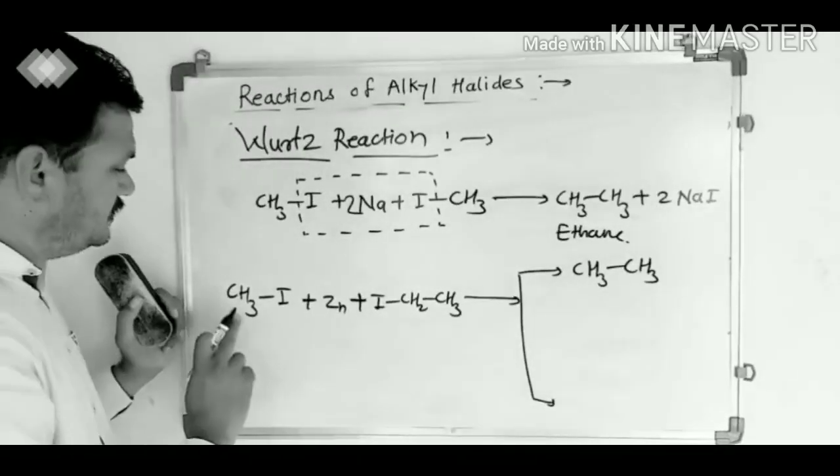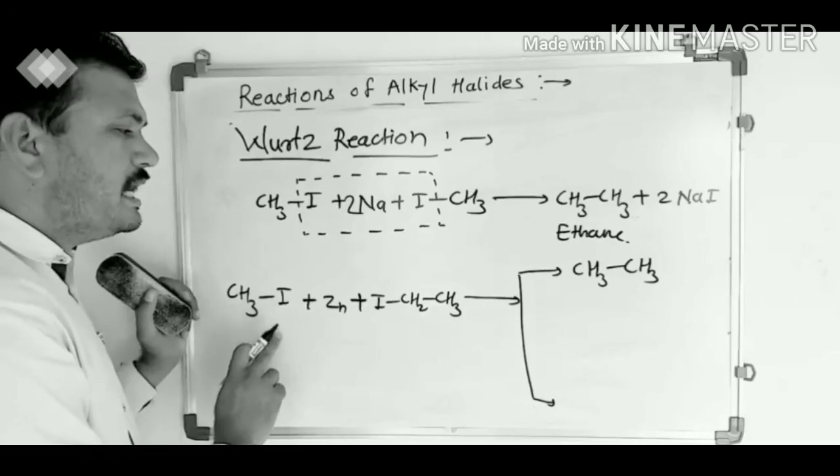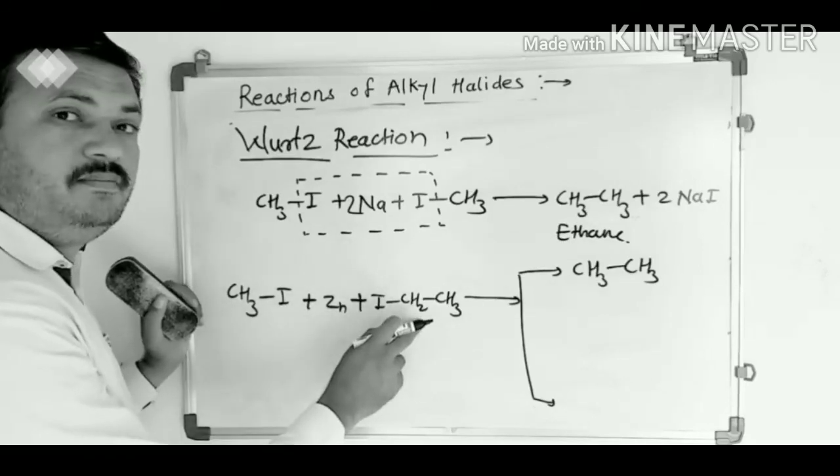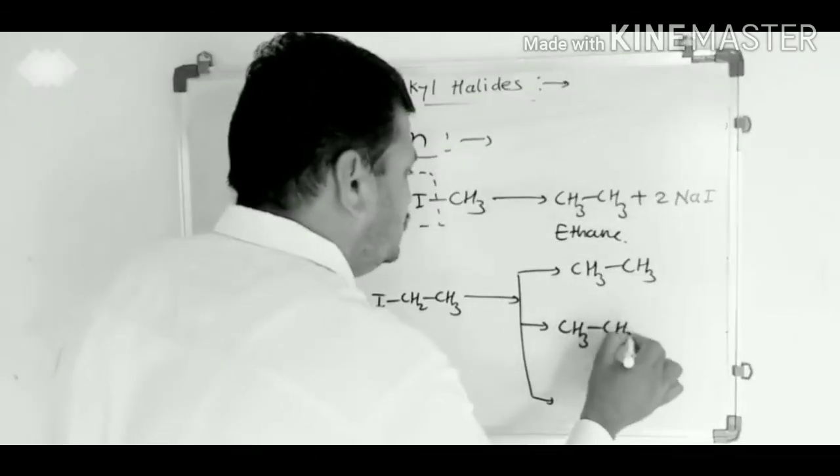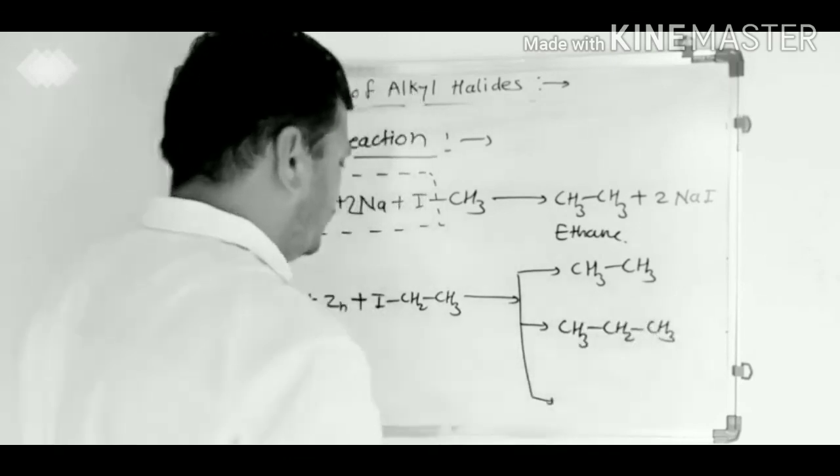Another possibility is 1 mole of methyl iodide reacts with 1 mole of ethyl iodide and formation of propane, CH3CH2CH3, takes place.